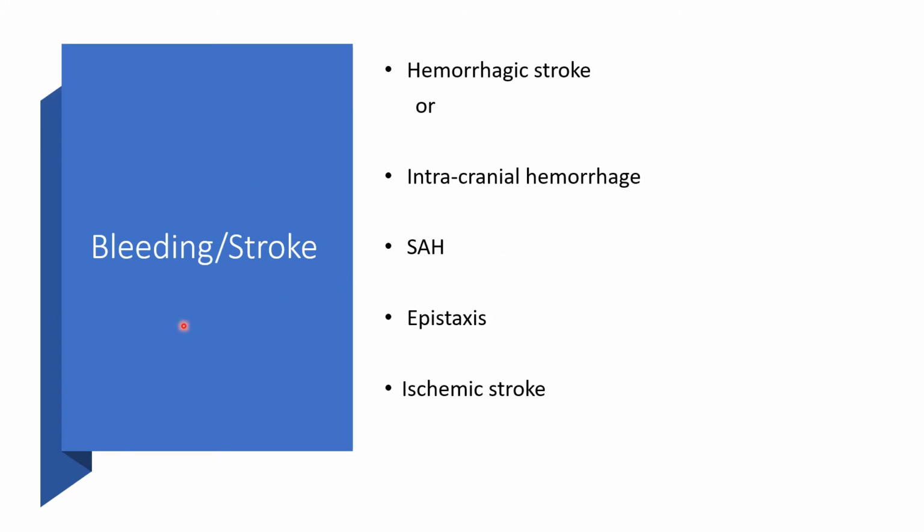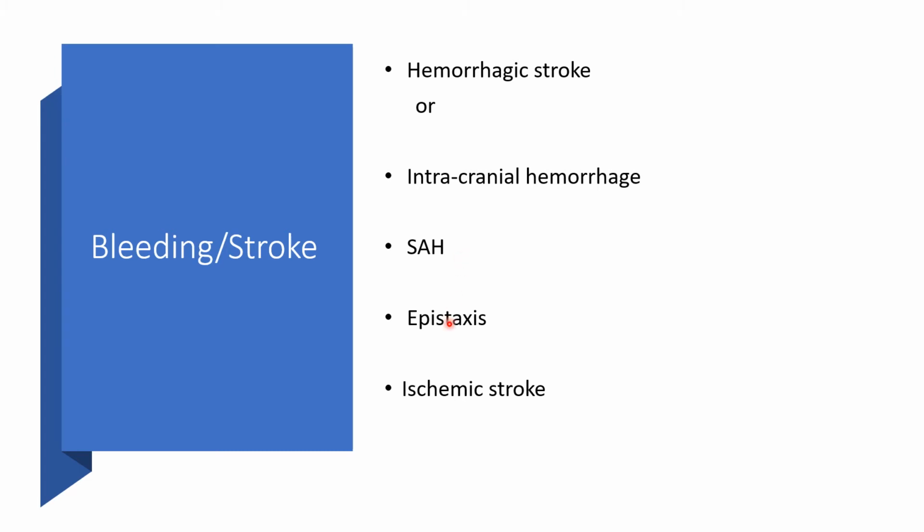Now, bleeding or stroke as part of complications of hypertension. So there may be hemorrhagic stroke or intracranial hemorrhage, on account of which we'll need the services of a neurosurgeon for decompression. There may be subarachnoid hemorrhage with the presentation of saying, no, this is the worst headache of my life.